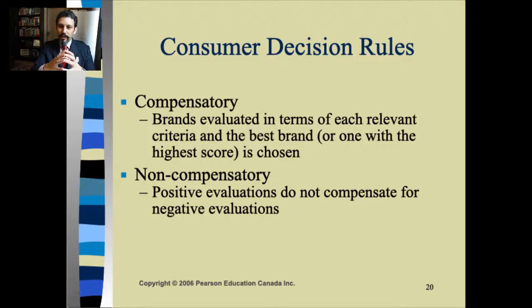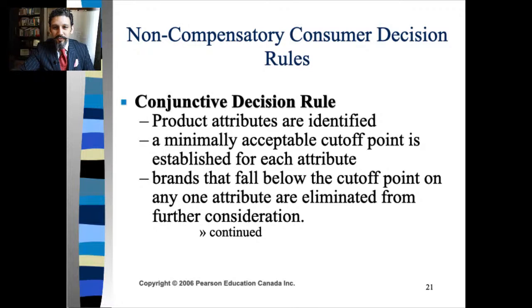So if you have a personal evaluation of a product in the past, or somebody close to you, somebody you know, somebody you trust, they've got positive evaluations, they're not going to compensate those negative evaluations. Again, this varies from brand to brand. It varies from person to person. It varies from one person's choice over another person's choice.